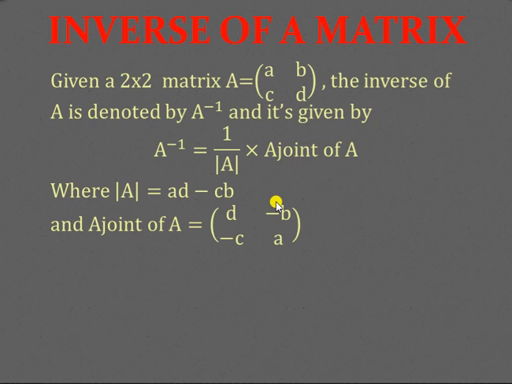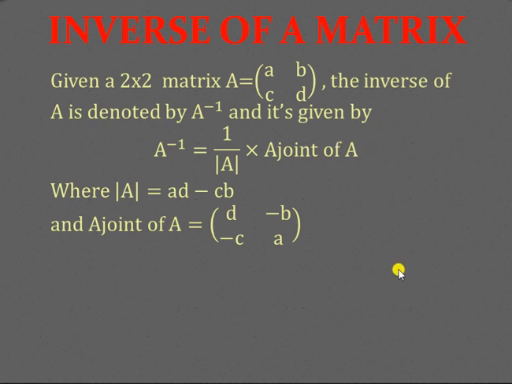You have to change the signs of the elements in the minor diagonal, but you exchange the positions of the elements in the major diagonal. So if you have all this, then you just do the substitution in this formula and you will be able to get the inverse of your matrix.